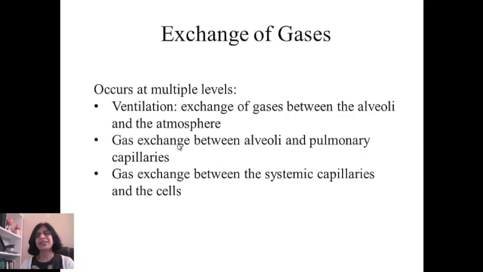And CO2 is the opposite. Cells generate CO2, it's released into systemic capillaries, it's brought to the heart, then pumped to the lungs, and in the lungs CO2 is exchanged from the pulmonary capillary into the alveolus and then released to the atmosphere. So that is the last level of gas exchange between the systemic capillaries and the tissue.